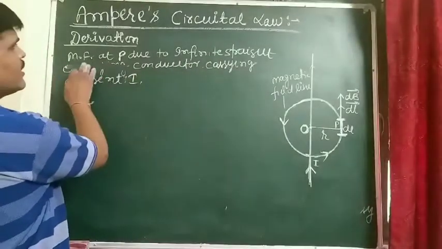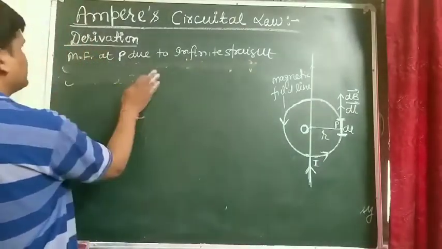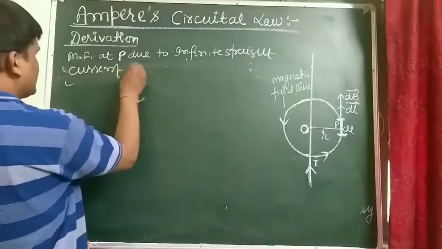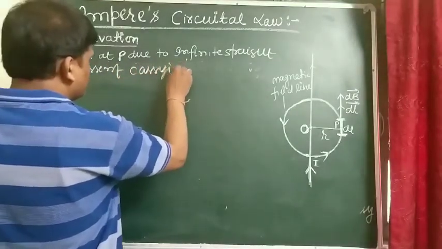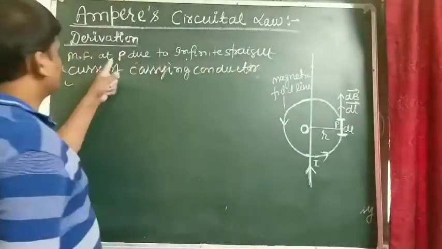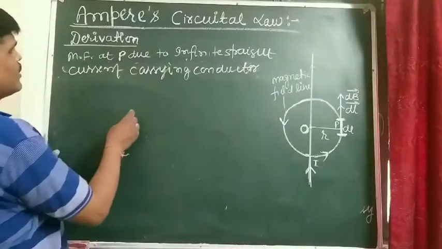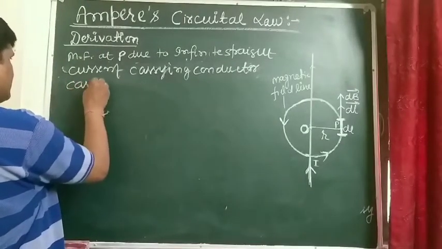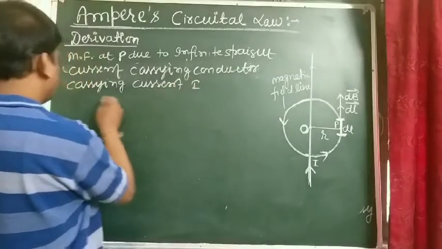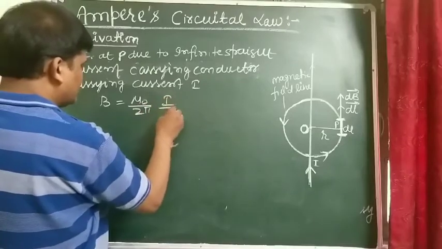And we know that B equals mu naught by 2 pi I by R.